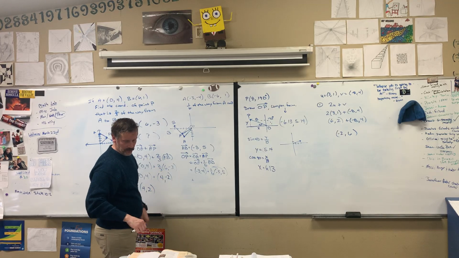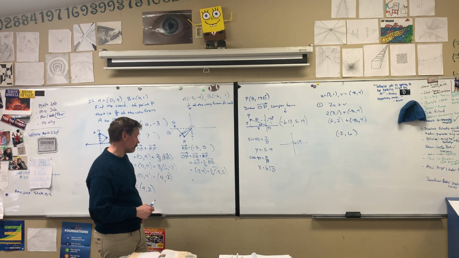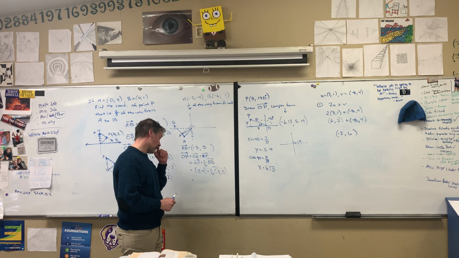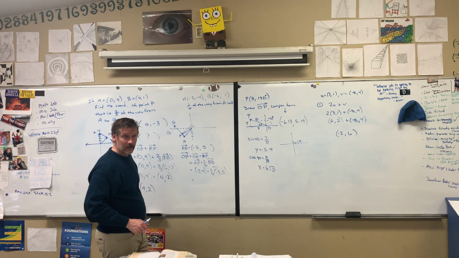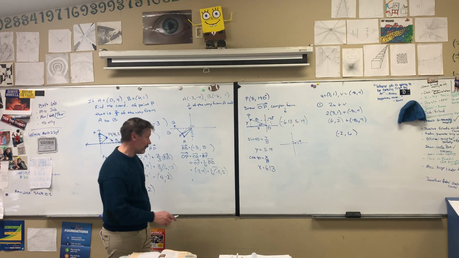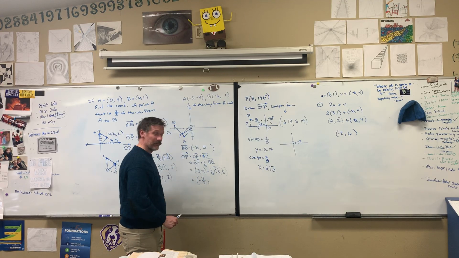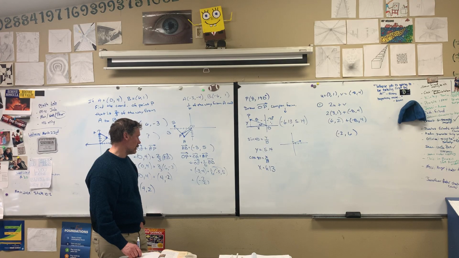And what do we end up with? We can just add the x's and the y's. So it's negative 3 plus negative 1/2. So it'd be negative 3.5, or negative 7/2. Then negative 4 plus 5/6.